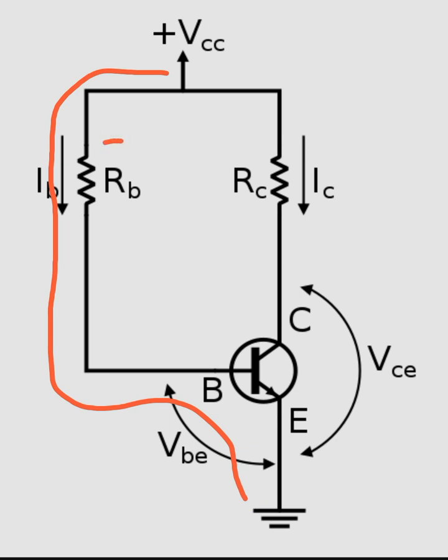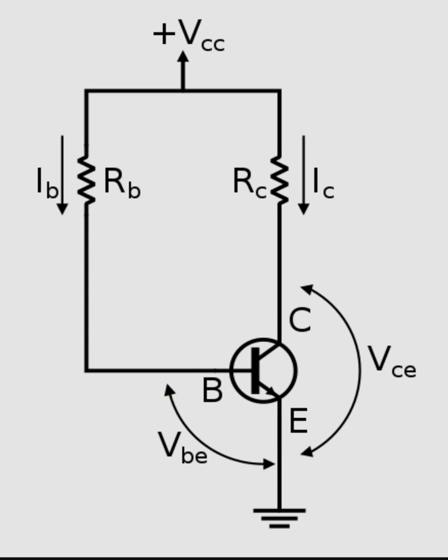There is a voltage drop across this resistor RB. Similarly, we can set Kirchhoff's voltage law, or KVL, on the output side of the circuit to know the values of currents and voltages. So it would be VCC minus IC RC minus VCE equal to 0. Here is the voltage drop across this resistor RC.